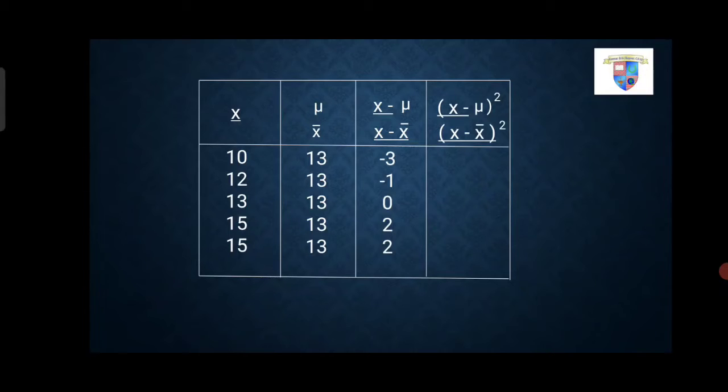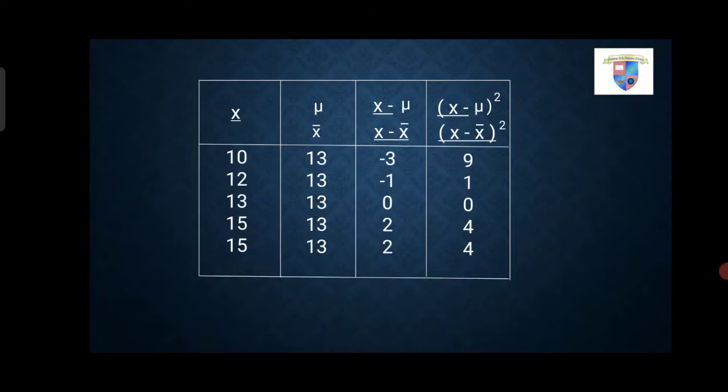The next one is x minus mu squared, or x minus x bar squared. So you have to square the third column in order to get the fourth column.